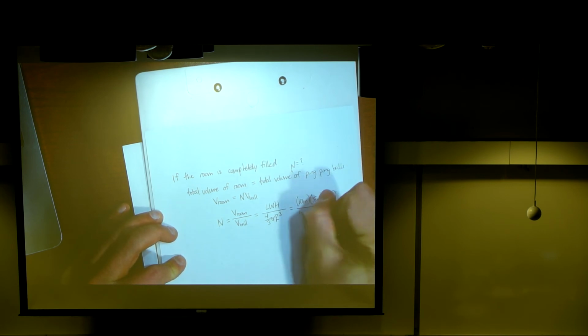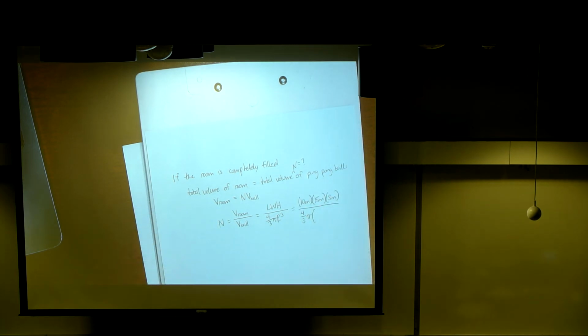Okay, and then I have 4/3 pi, and then I'm going to take the radius of a ping pong ball and put it in there for R. So just try to imagine what that looks like holding it in your hand. It's definitely way smaller than a meter for the radius, right? What would the radius be closer to if it's something you could fit in your hand like that?